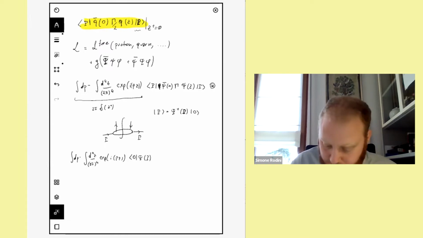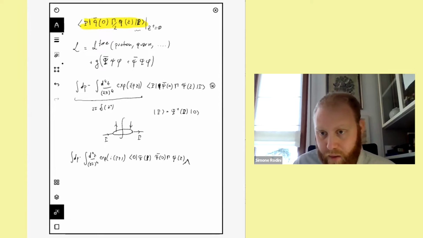and then you have psi bar of 0, gamma, psi of z, and then you insert your interaction Lagrangian. So you expand and you write the functional integral, you expand your Lagrangian.